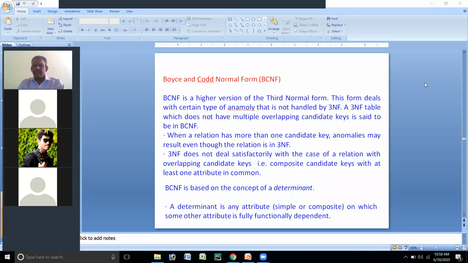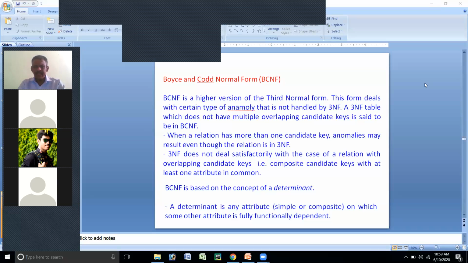When a relation has more than one candidate key, anomalies may result even though the relation is in 3NF. It means BCNF concentrates on multiple overlapping candidate keys.